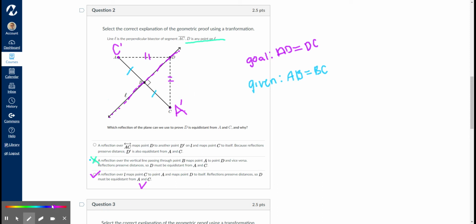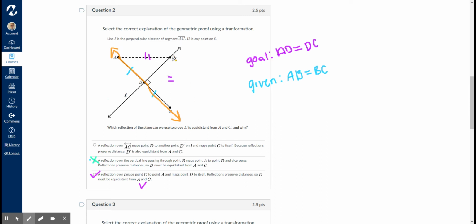Just to be sure, because a couple people did vote for A, we'll go over that one as well. Let me just erase these things I wrote. And we're looking at letter A now, which says a reflection over line AC. It's this line, if it continued on forever instead of being a segment.